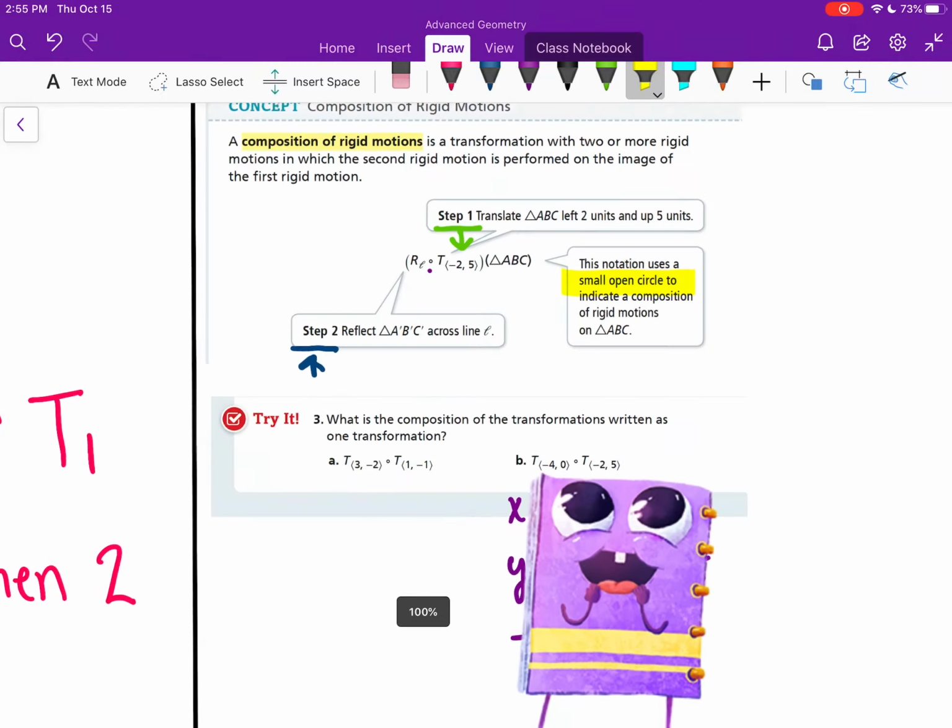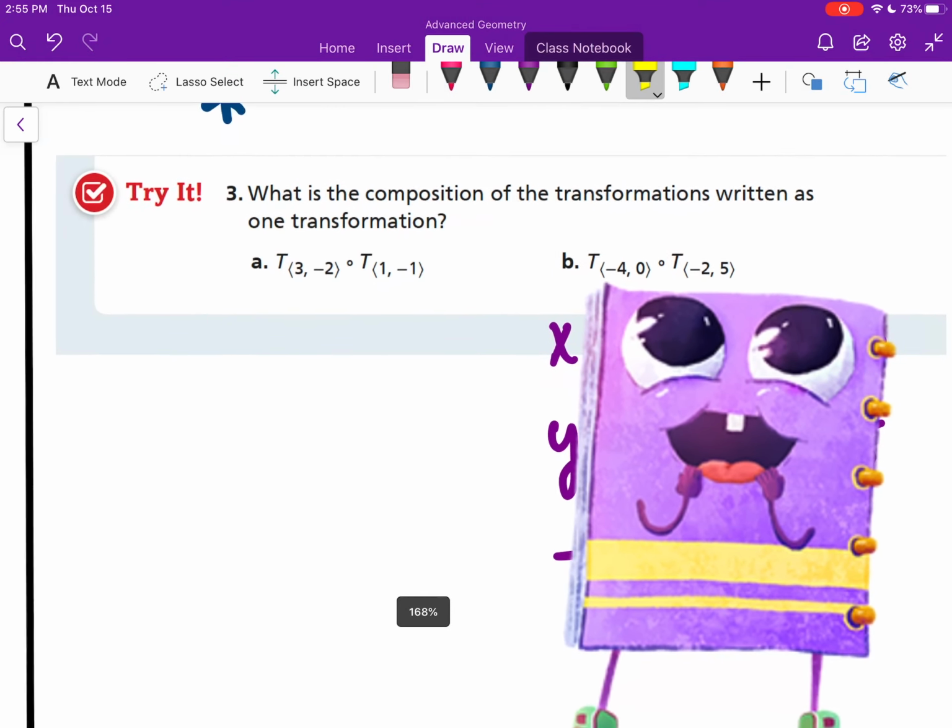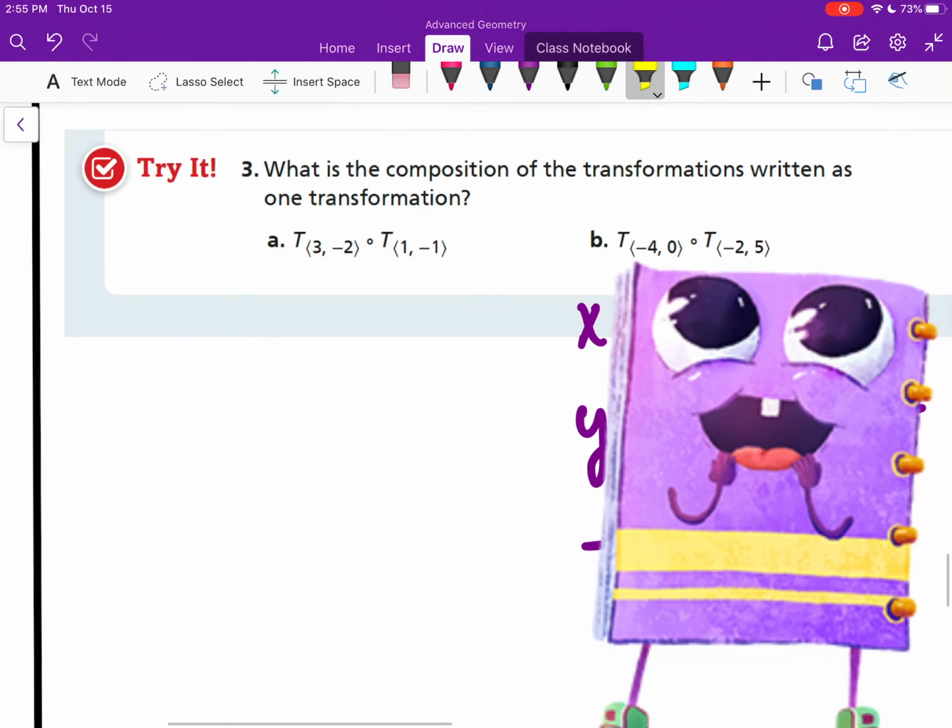And so if we're looking at example 3, it says, what is the composition of the transformations written as just one? Okay, we're just going to combine them and say, well, what's actually happening? And if we're reading this backwards, that means we first do this, then we do that. And we just need to combine those motions.